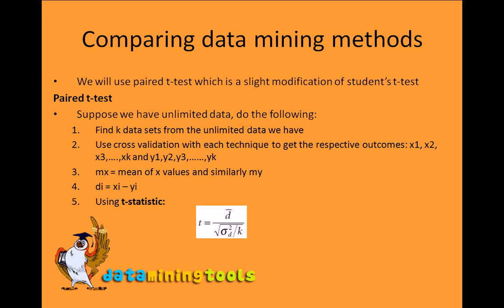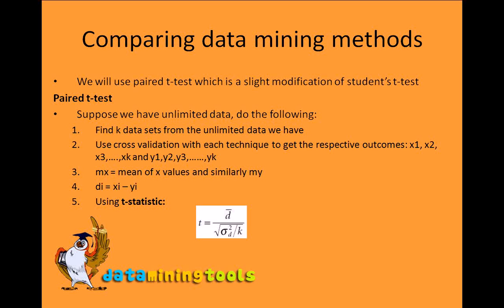So for each of the k data sets, we use a cross-validation technique, run each and every algorithm on that data set, and get the respective error. Say we have two algorithms, so for the first data set we get the errors x1 and y1, and similarly we get the errors x1 till xk and y1 till yk.